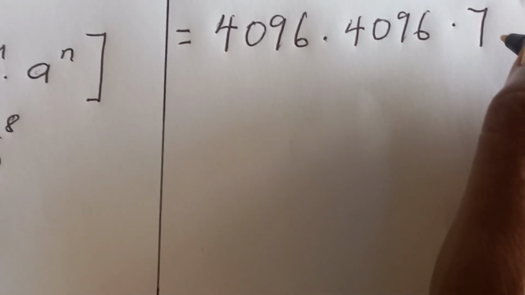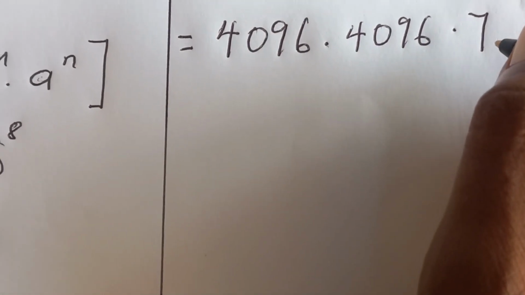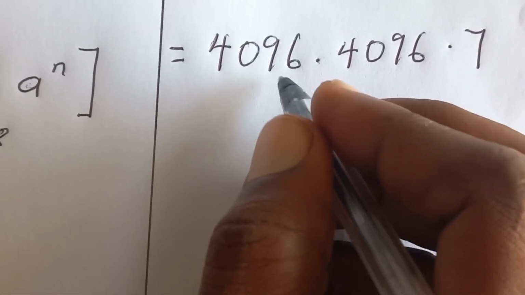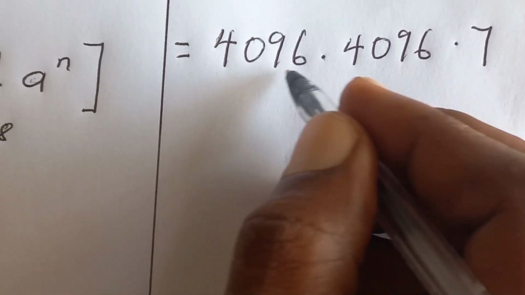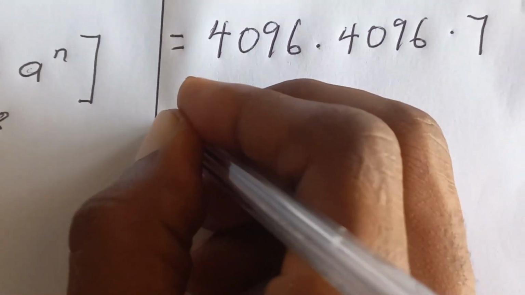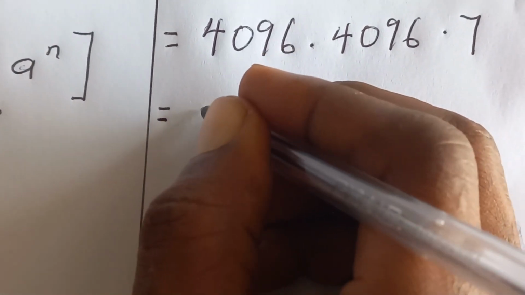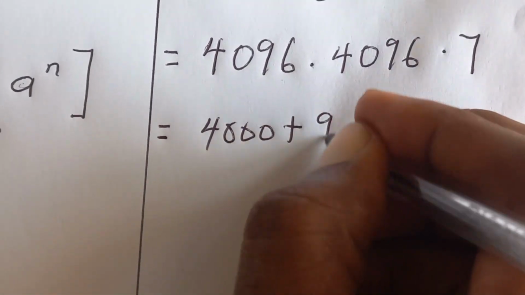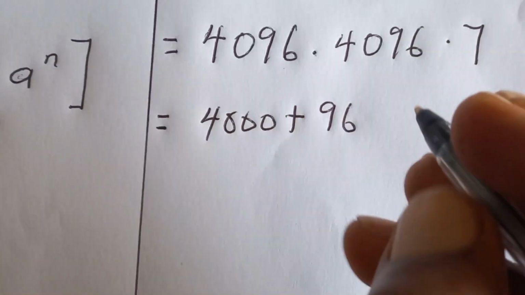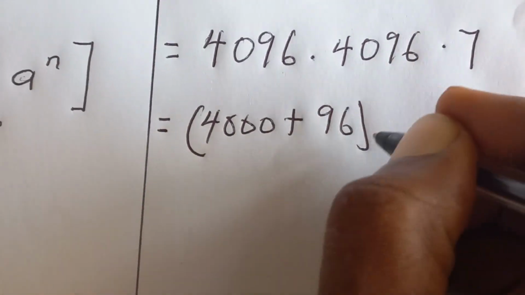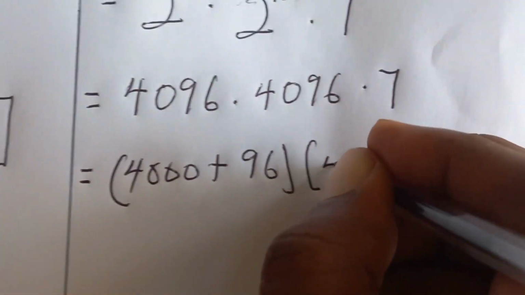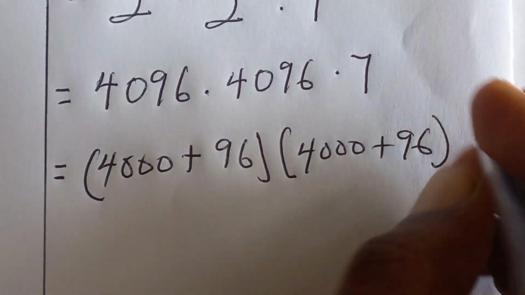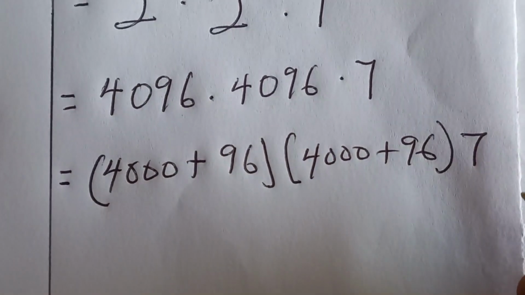Now, this 4096 we can express as 4000 plus 96. Then this one is 4000 plus 96 multiplied by the 7.